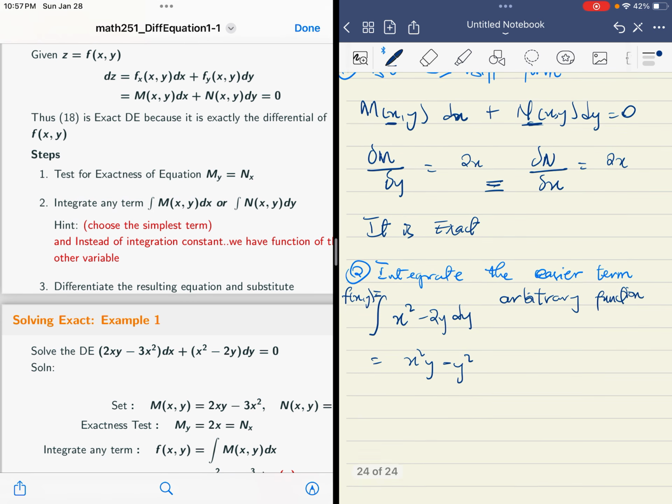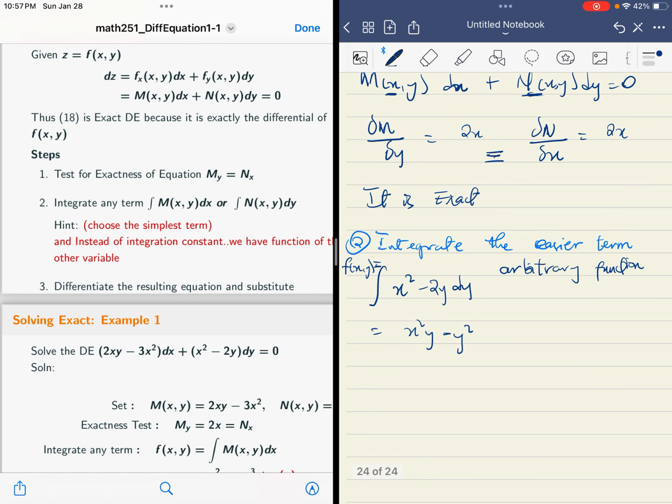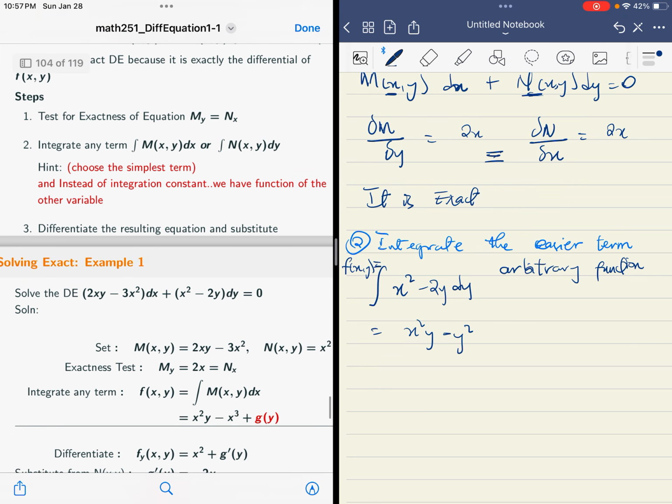If you are integrating with respect to y, it makes x a constant. So now we have x and y, two variables, but we were integrating with respect to y, which makes x a constant. So our arbitrary function is going to be a function of x, and we represent it by g of x.